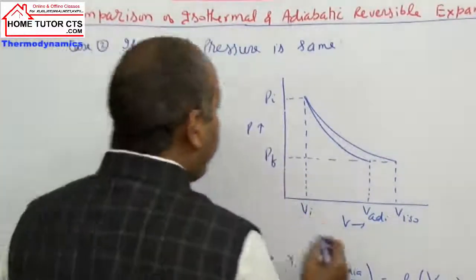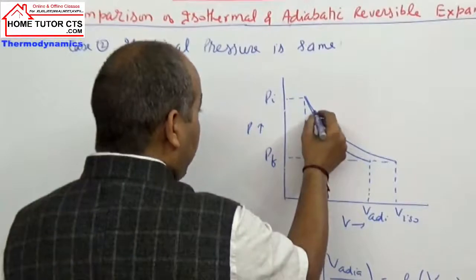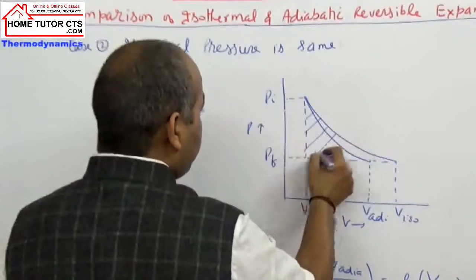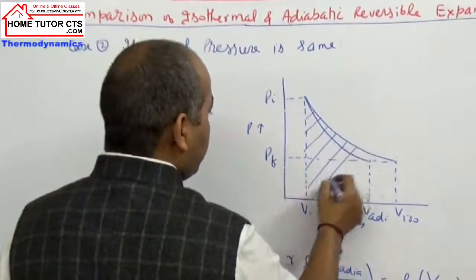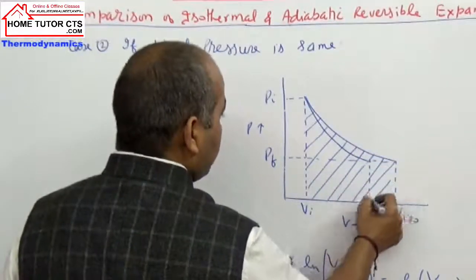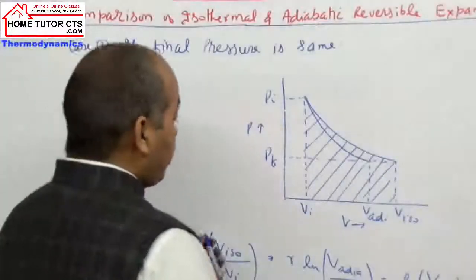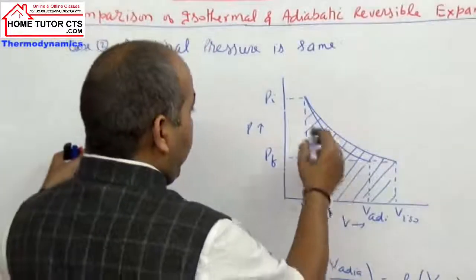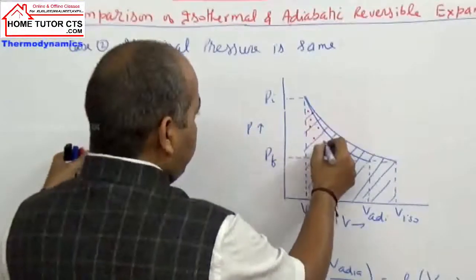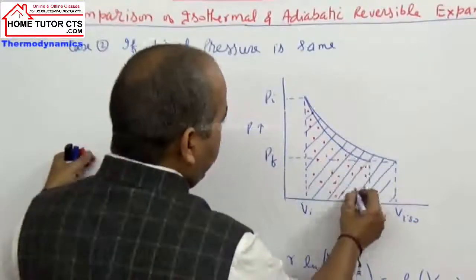So you can see the area under the graph will be higher in the case of isothermal expansion, as compared to the area under the graph for adiabatic expansion, up to here only.